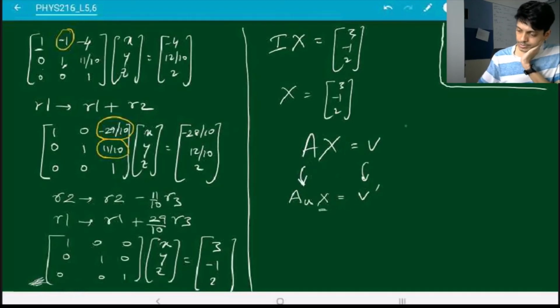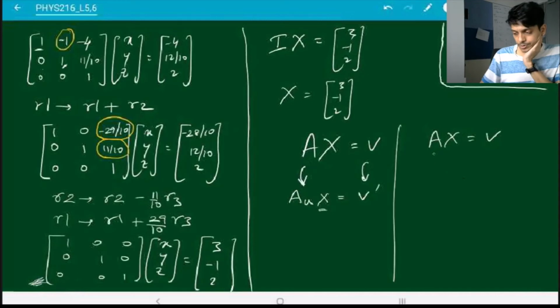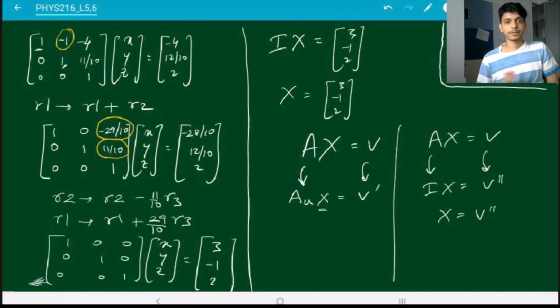Or the other way is, you start with AX equals V. Then by doing elementary row transformations, you convert this A into the identity matrix. So you get I times X equals, and meanwhile this gets converted into some V double prime, let's call it. So then X is just equal to V double prime.